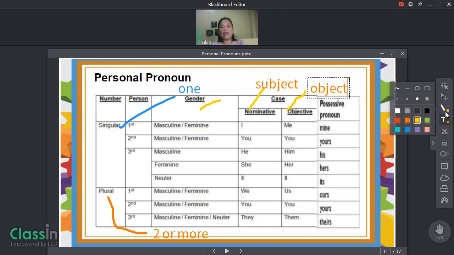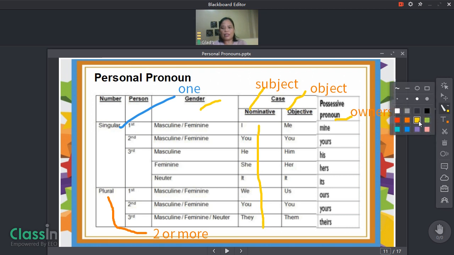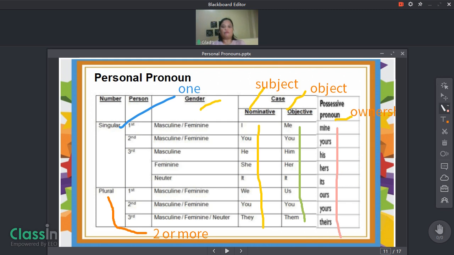And then the possessive, which shows ownership or possession. These are the nominative pronouns, then the objective pronouns, and the last one is the possessive case.